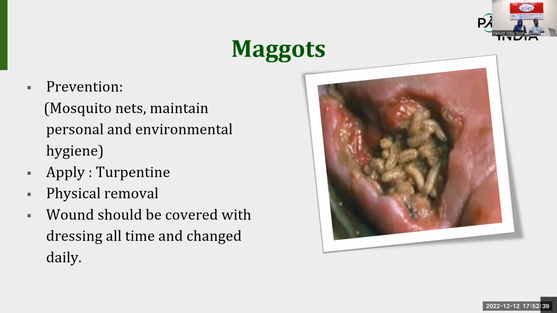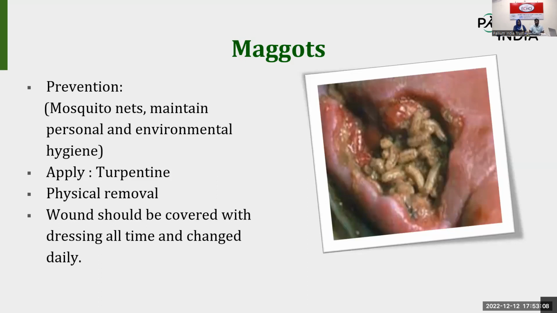Then we also need to maintain personal and environmental hygiene, such as proper and periodical changing of the dressing pad, and cleaning of the wound is mandatory. If we see a group of maggots in the wound area, we can apply turpentine. Don't apply the turpentine directly on the wound area, just soak the turpentine in a gauze piece and place it nearby the wound area.